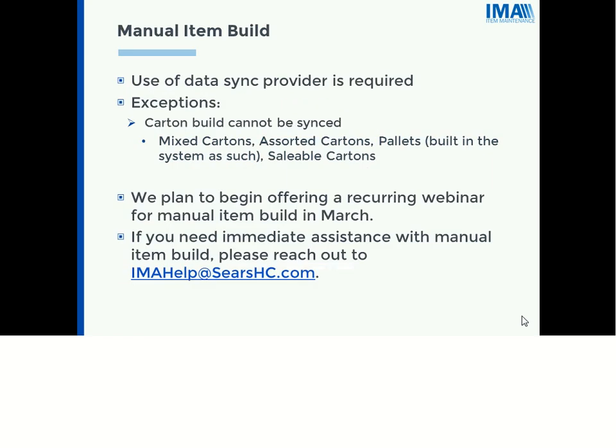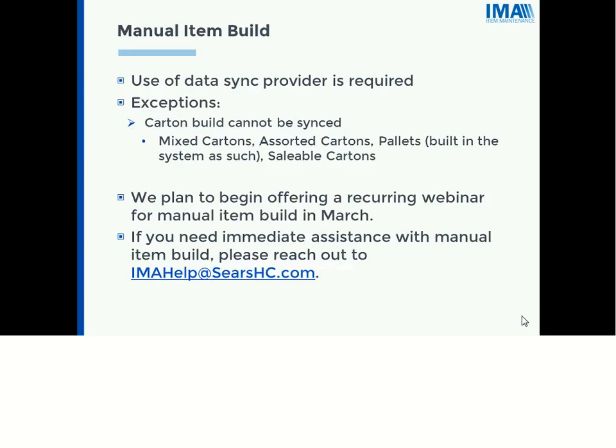If you do manual item build, right now we do require that a data sync provider be used. There are a few exceptions to that. There are certain cartons that cannot be synced, such as mixed cartons, assorted cartons, and pallets, as well as sellable cartons. If you build any of these specific types of cartons or pallets in the system, those cannot be data synced over.